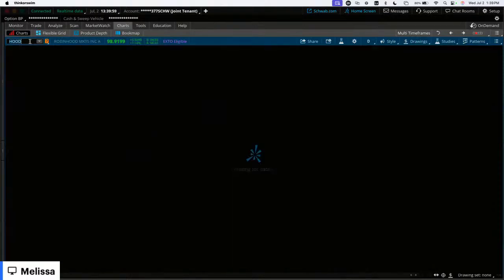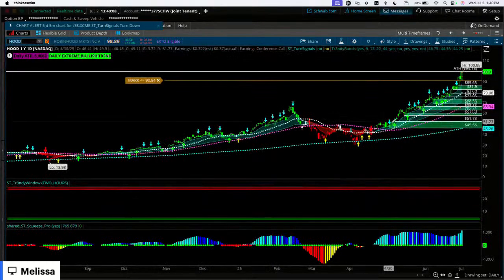Hood has been absolutely on fire. I did not get into this trade because I have quite a few open swing trades on right now.